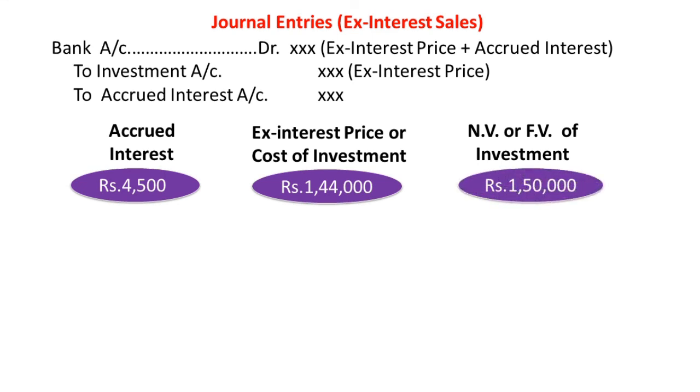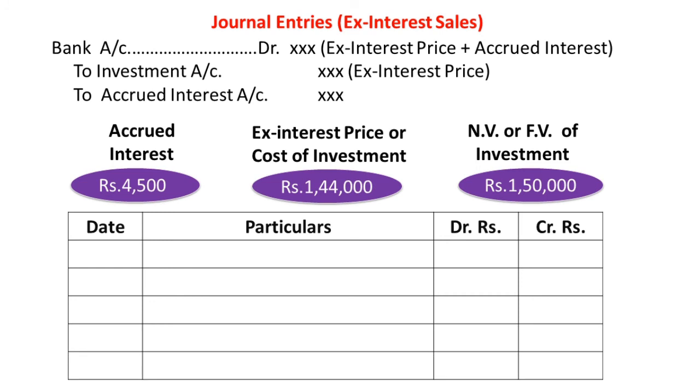Now let us practically record the journal entry in a journal book. We have sold government bonds on 1st October 2019. Since we are selling, cash bank comes in. Therefore, bank account debit with cost plus accrued interest, that is rupees 1,48,500.